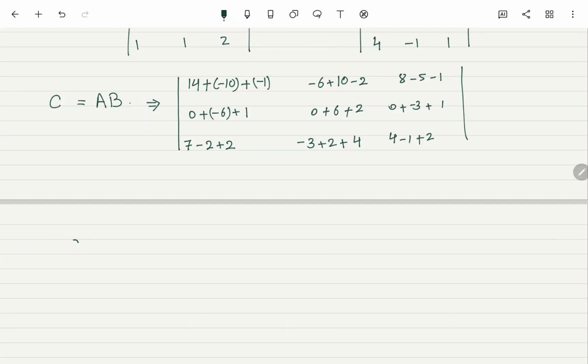After all, the new determinant C will become 3, 2, 2, -5, 8, -2, 7, 3, 5.